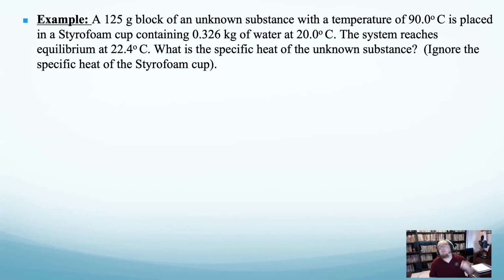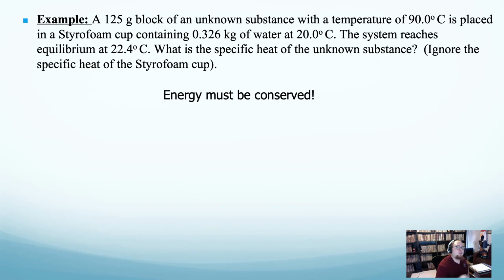I can use this to find out what the metal is, if nothing else, what its specific heat is. The reason I can do that is I know energy must be conserved. That means the total heat must be 0. And I have two things happening here. It's not aluminum. I have an unknown substance at 90 degrees going to 22.4 degrees.